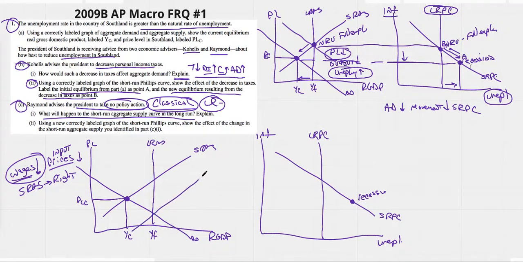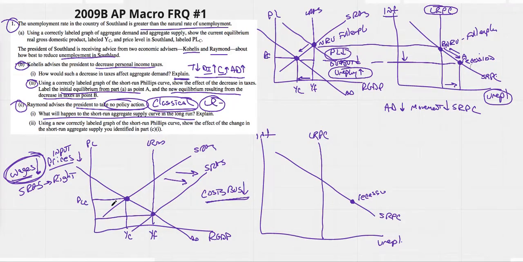What we understand is that if costs to businesses decrease, they will produce more of a good. So if costs to businesses go down, that's what shifts your short run aggregate supply. Wages are definitely a cost to business. They are going down, so the short run aggregate supply curve will shift to the right.